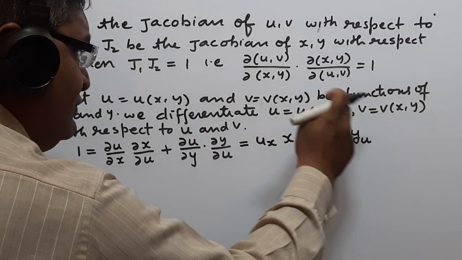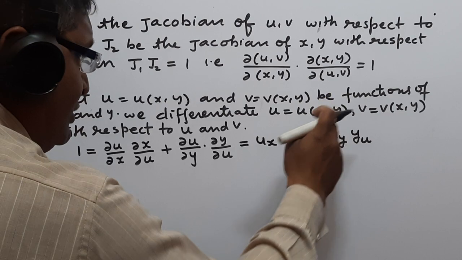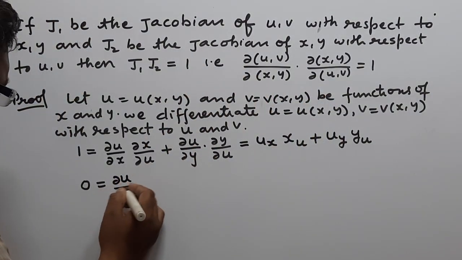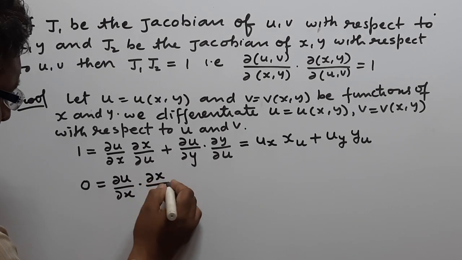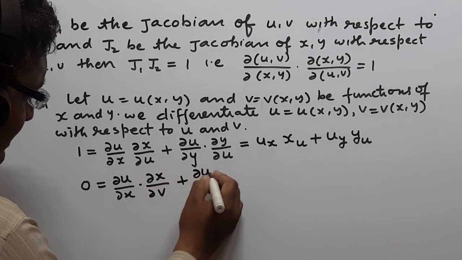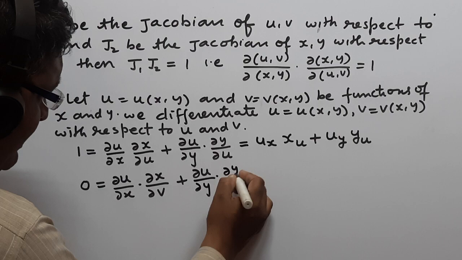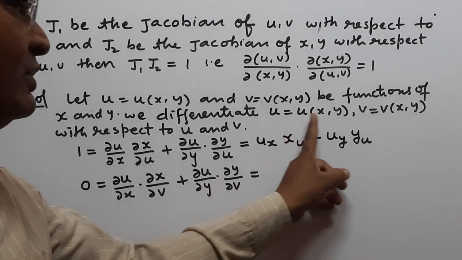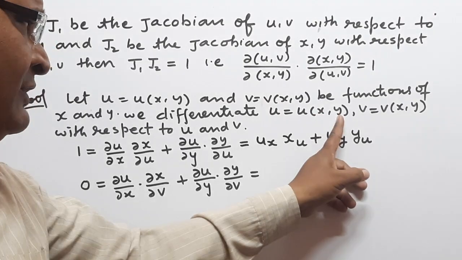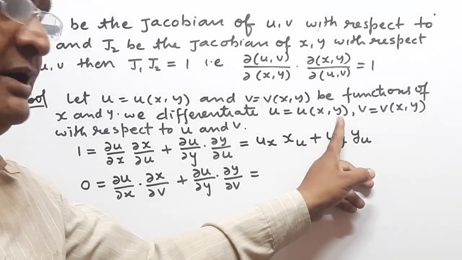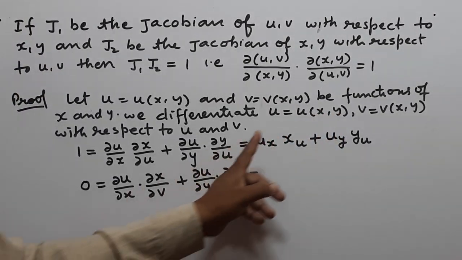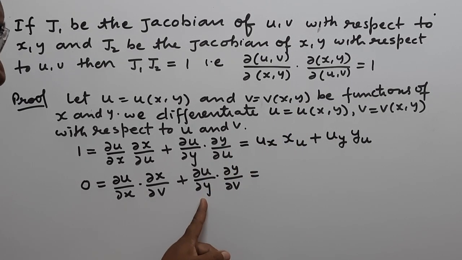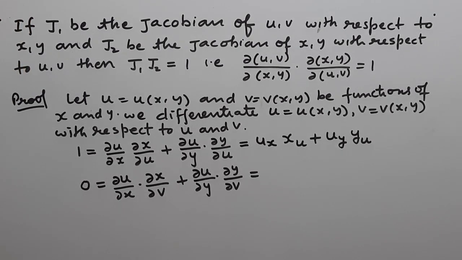And differentiation of u(x,y) with respect to v, we get del u upon del x multiplied by del x upon del v plus del u upon del y multiplied by del y upon del v.